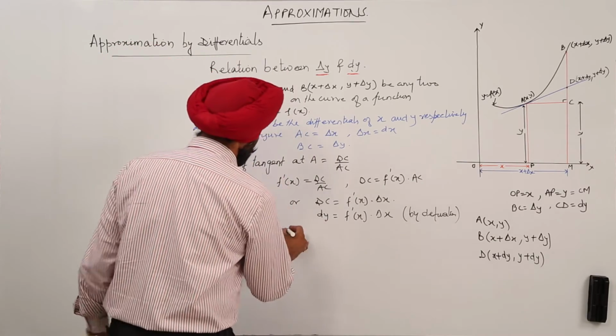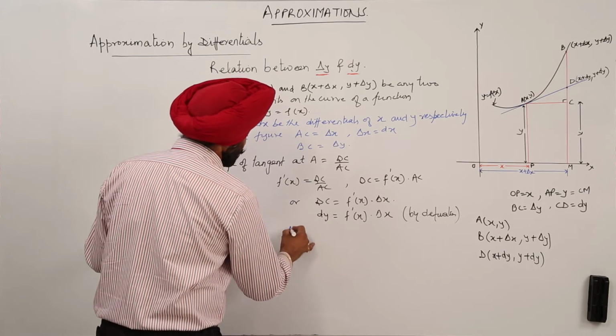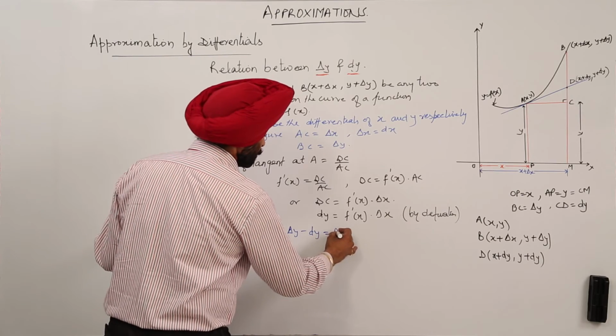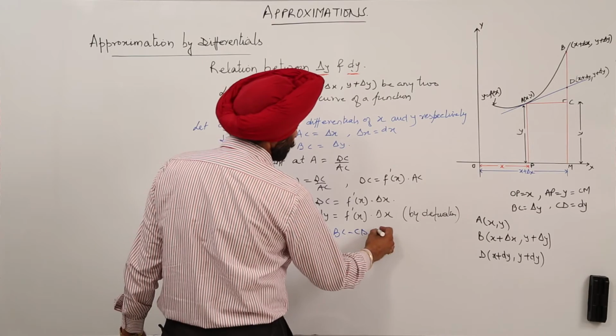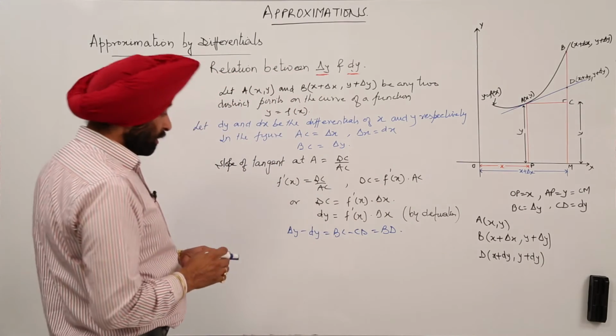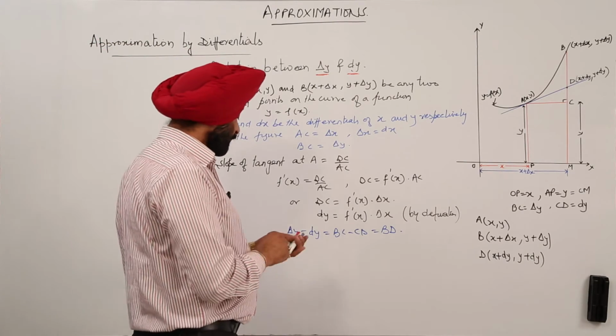Now we are also knowing that delta y, increment of y, minus dy is equal to BC minus CD, and this is equal to BD. Okay. Now what relation are we getting?